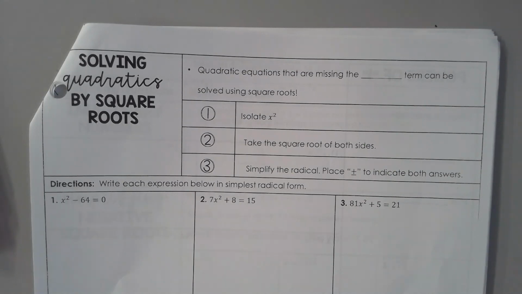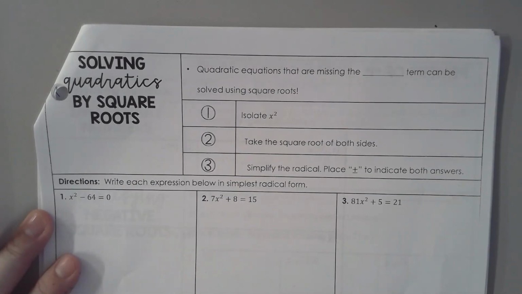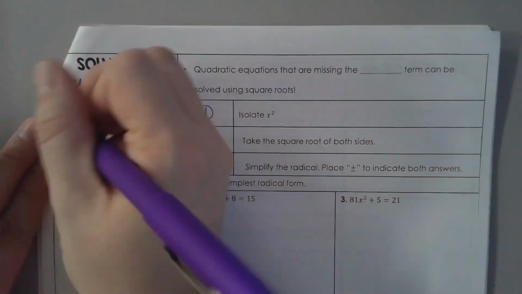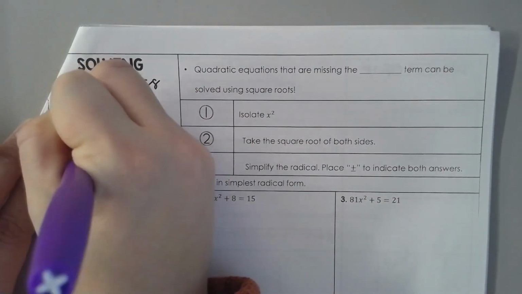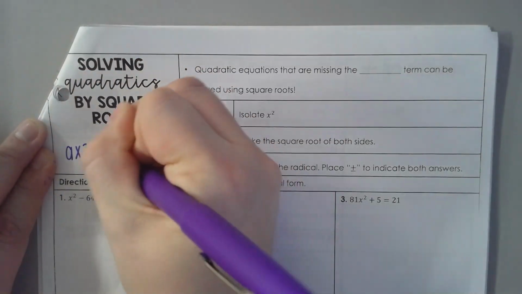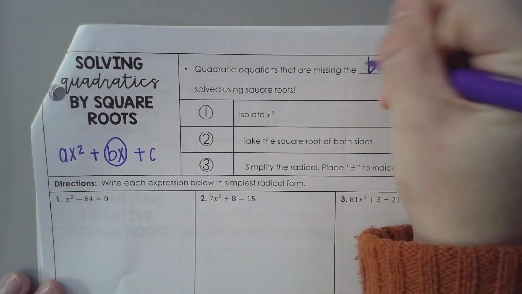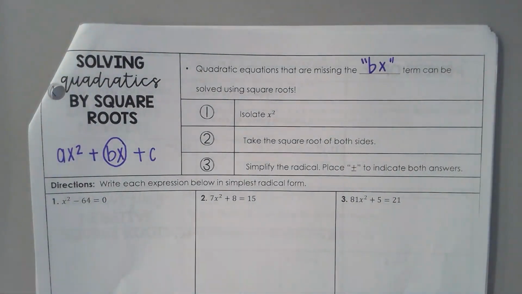This is kind of like maybe you could call it a shortcut method, but whenever I have a quadratic equation that is missing the bx. So here's my standard form. If it's missing that middle term, there's no plain x.